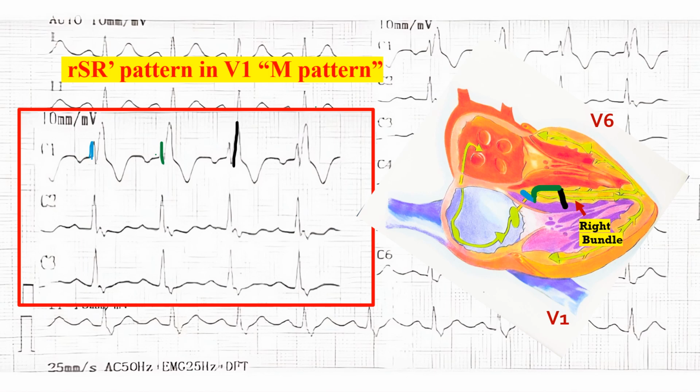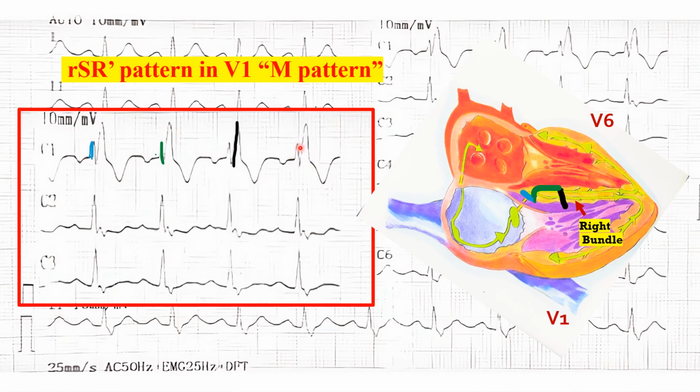Later on, when the conduction depolarizes this area, the right bundle starts depolarizing from here. That produces another wave, and this is again positive because the conduction is moving towards chest lead V1, and this is more positive as compared to the first one.